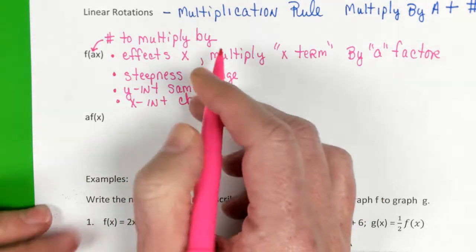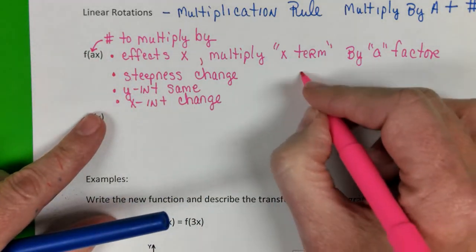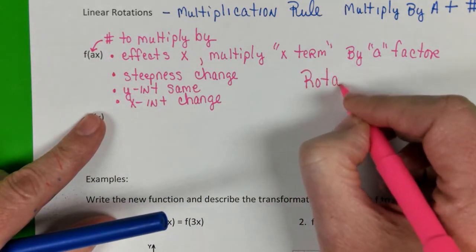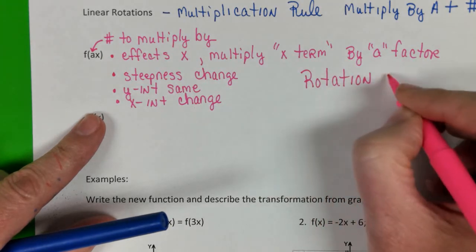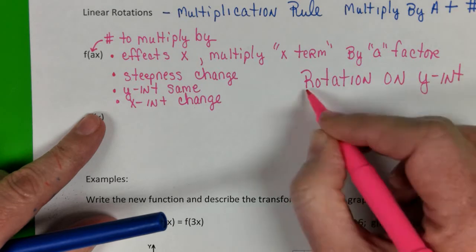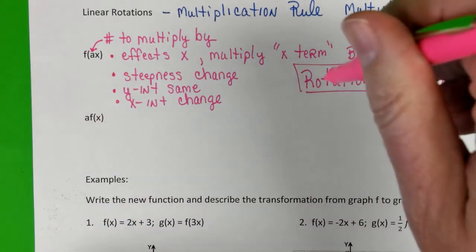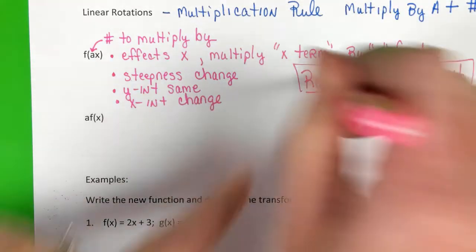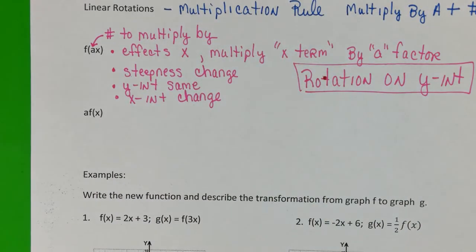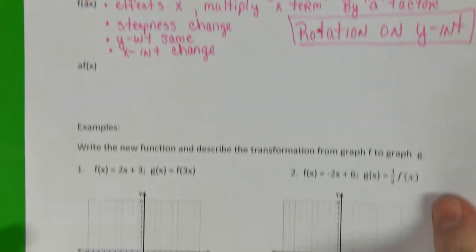This particular rotation, this particular rule is a rotation on the y-intercept. So it's kind of like our pivot point. It's like our point that we're taking, and then everything is shifting around it or rotating around it. Okay, so let's just look at an example for that and see if all the things that we said are actually going to be true.